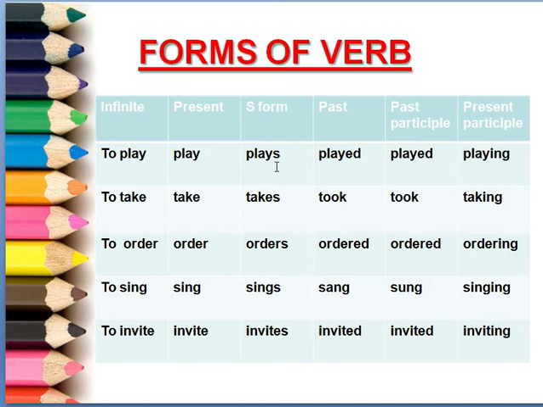Here you can see that with the s form, an s is there with the present form. Took, taken, taking. To order, order, orders, ordered, ordered, ordering. To sing, sing, sings, sang, sung, singing. To invite, invite, invites, invited, invited, inviting. There are 6 forms of verb.